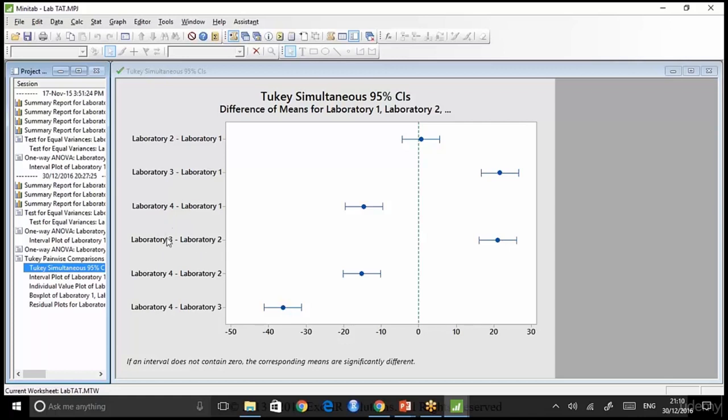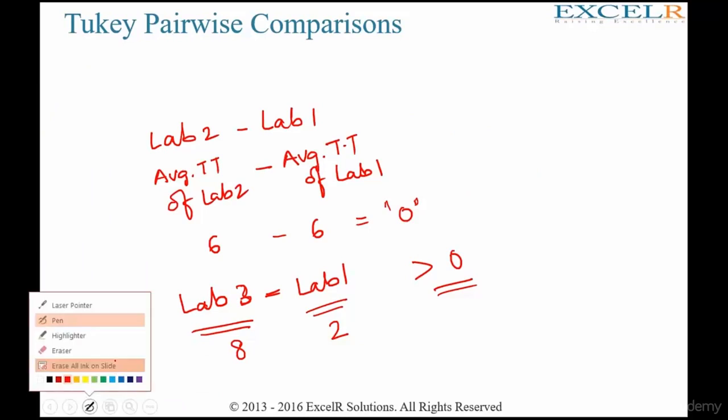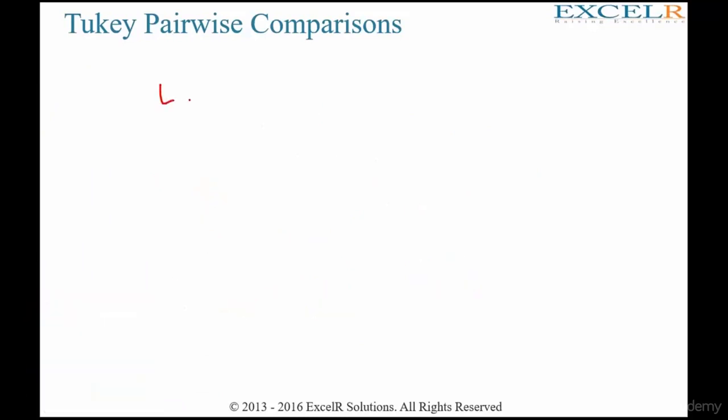So laboratory 3 has high turnaround time in comparison to 1 and 2. That can be inferred. So what does this imply? Laboratory 3 has greater turnaround time than lab 1 and lab 2. This is one inference. Okay.